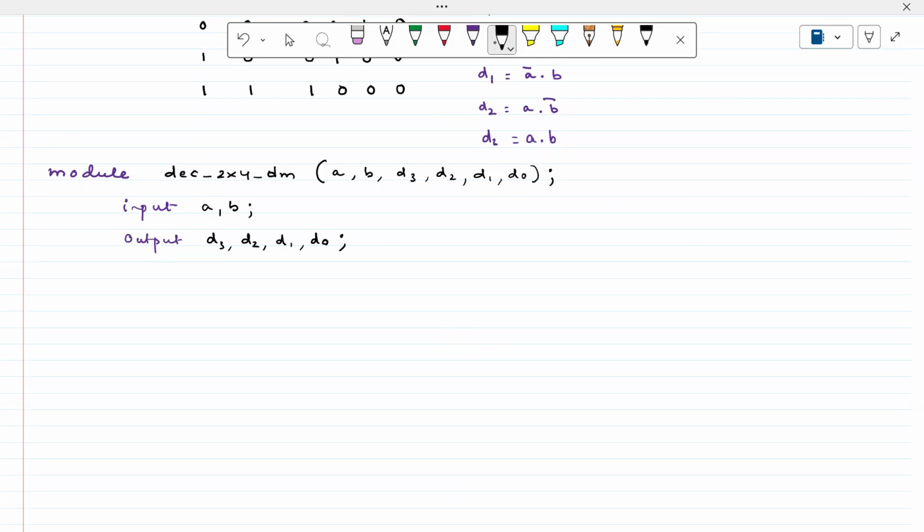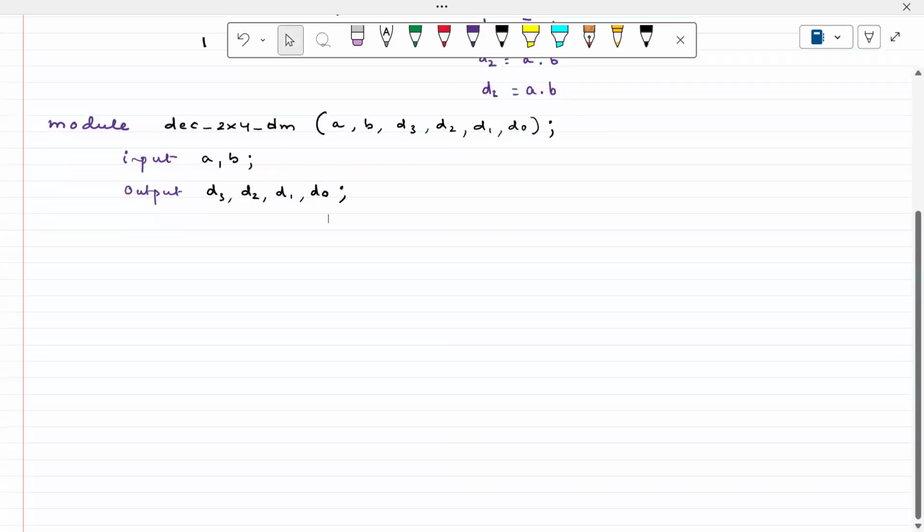Right? What are the equations that I have to write? How can equations be written in a Verilog program? By using the assignment statement. Assign D0 is equal to not of A and with not of B. Right? A bar, B bar. This is how we have to use Verilog operators.